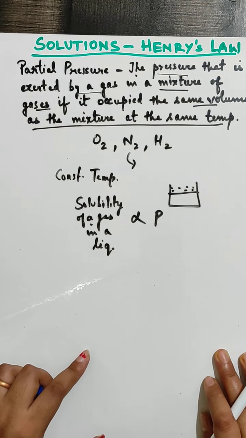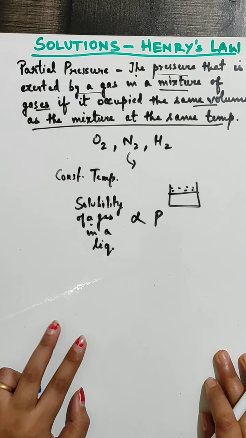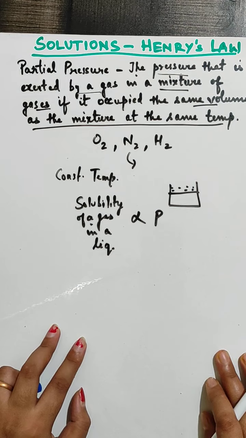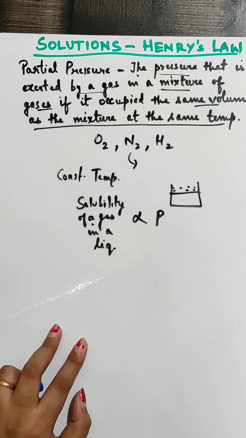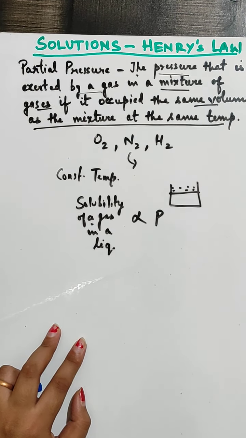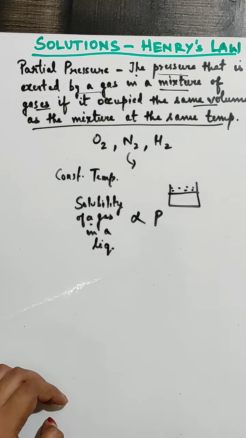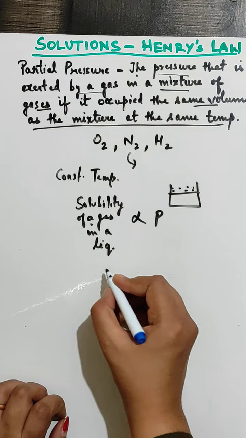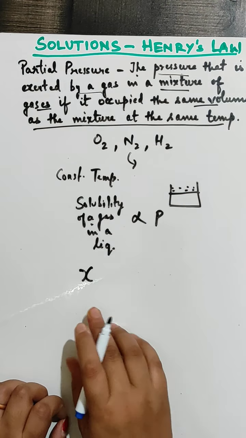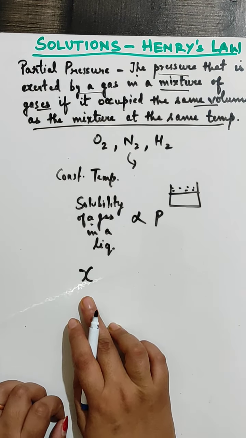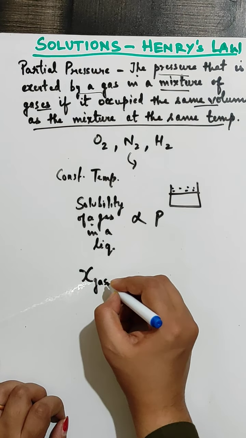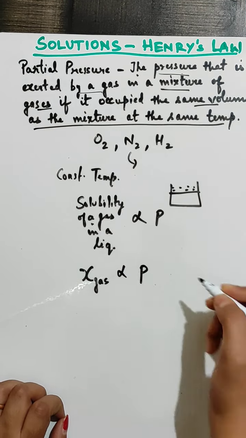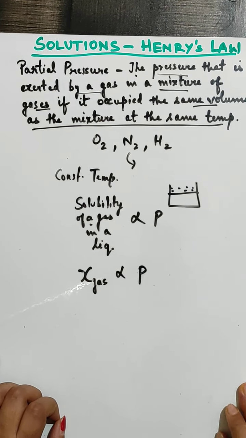Now Dalton, a contemporary of Henry, independently concluded that if we use the mole fraction of a gas in the solution as a measure of its solubility, then the mole fraction of the gas in a liquid, denoted by zeta, is directly proportional to the partial pressure of the gas, okay.